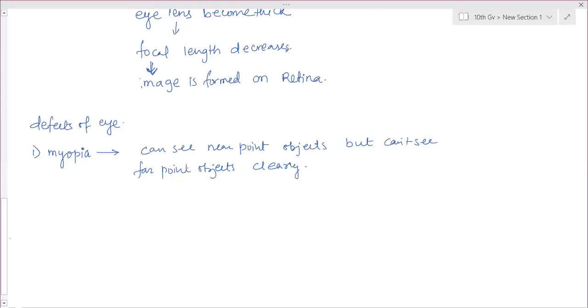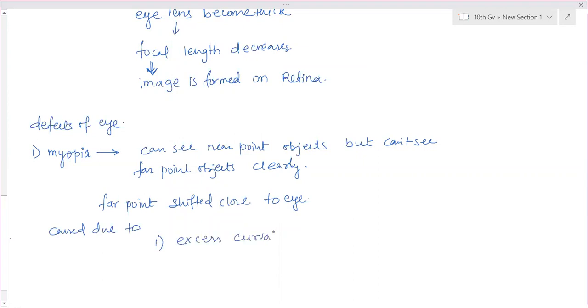So what is actually the problem? Far point shifted close to the eye. Ma'am, the excessive curvature of the eye lens, caused due to number one, excessive curvature of the lens, or elongation of the eyeball.